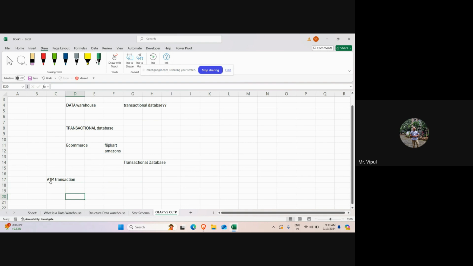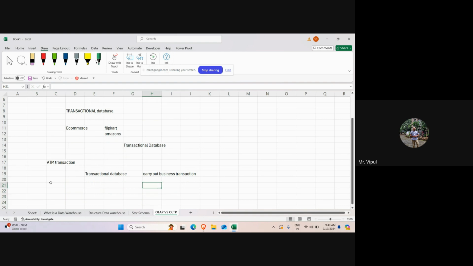Now let us try to contrast it with the data warehouse. The data warehouse is intended for a completely different purpose. The transactional database is intended to carry out business transactions, whereas a data warehouse is also a database, but it is intended to carry out analysis, analytics, and decision making.